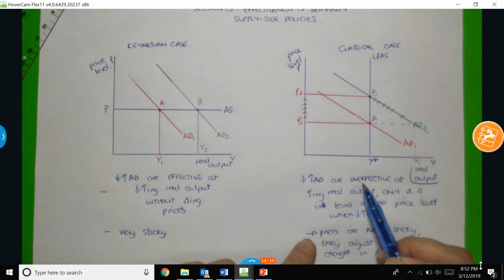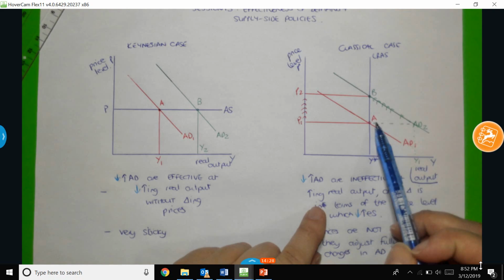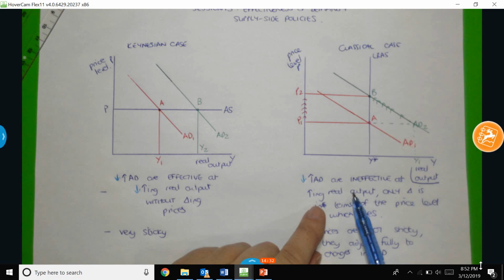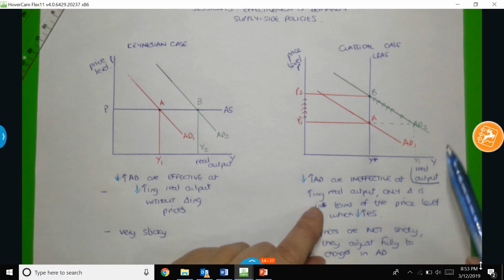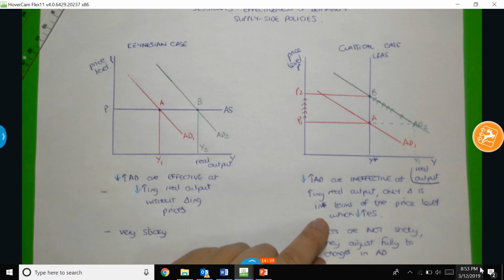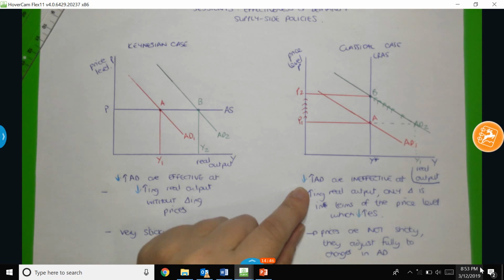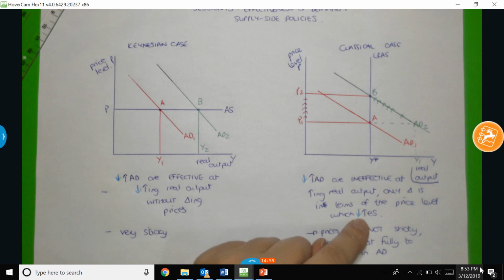Increases in aggregate demand are ineffective at increasing real output. Exactly. So in the long run, an increase in the aggregate demand for goods and services will not affect the level of real output, but only changes the price level, which increases. And therefore, a contractionary policy, which decreases the level of demand for goods and services, if prices are too high, implementing a contractionary policy in this sort of economy would be very, very good, because it wouldn't have a negative effect on output, but it will cause a decrease in prices.